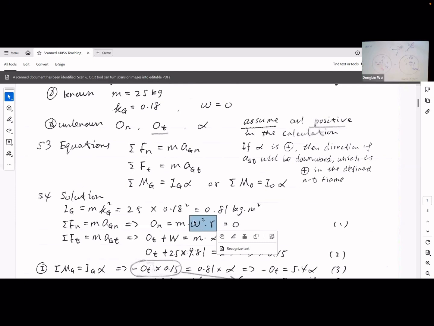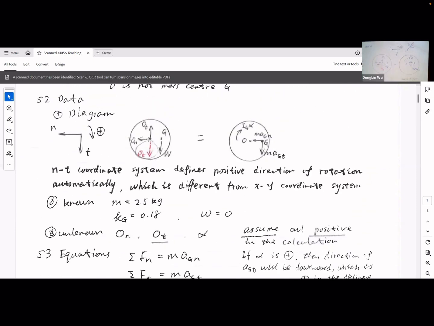Now, because omega at this instant is still 0, this means ON at this instant should be 0. So this means the reaction force at the axis O, the normal component of this reaction force, should be 0.